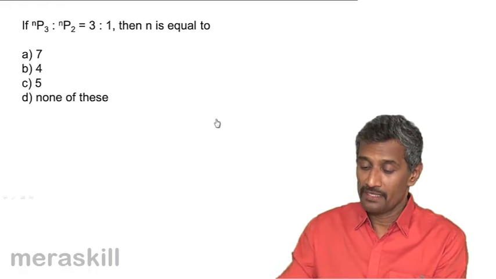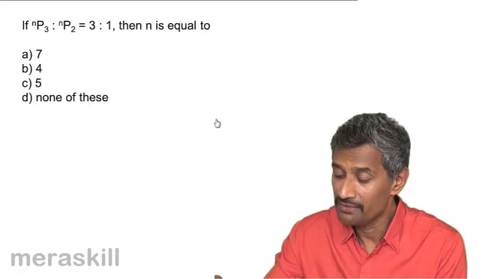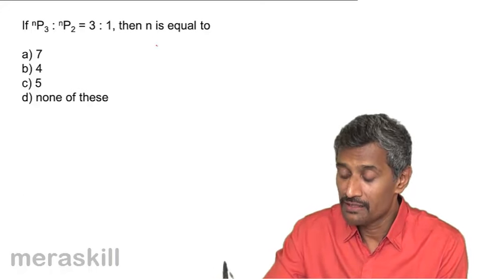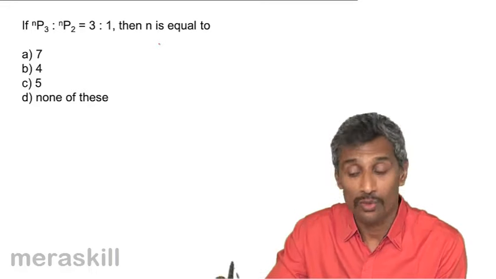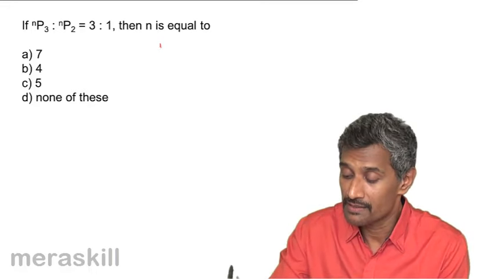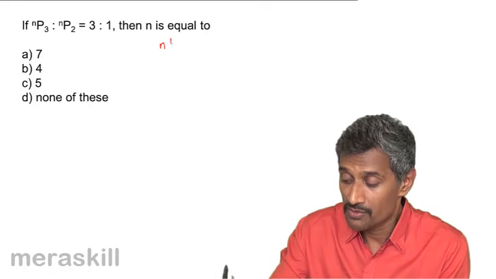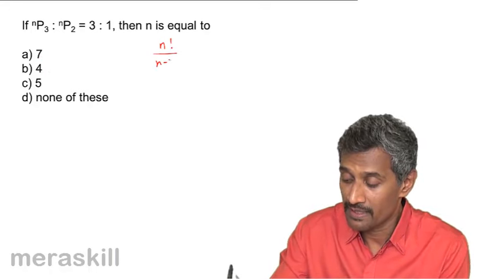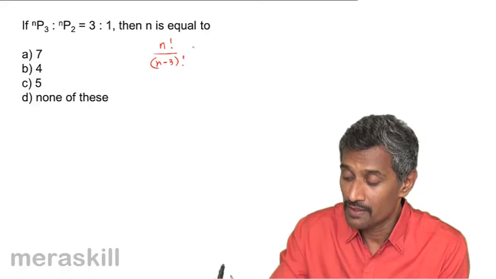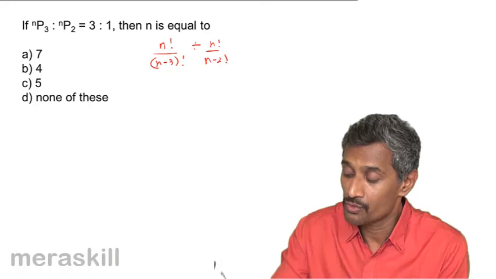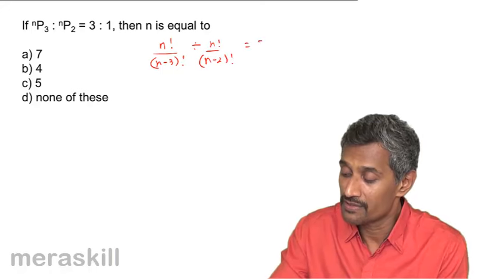Okay. Then we have a case wherein NP3 upon NP2 is 3:1. Now in this we can't eliminate anyone among them because all are positive. So N factorial upon (N minus 3) factorial divided by N factorial upon (N minus 2) factorial is 3 by 1.